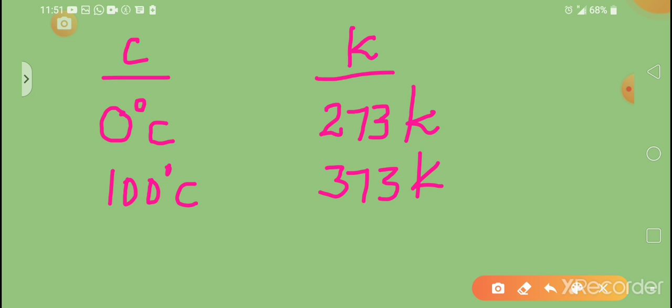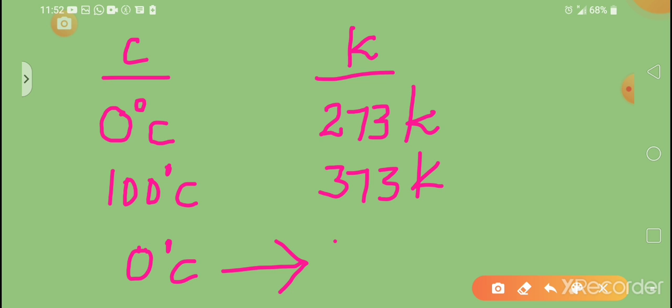Okay, so if we get one temperature on Celsius scale, how we can convert the temperature into Kelvin scale? Do you have any idea? So let us check that. If we get the temperature on the Celsius scale, that is 0 degree Celsius, we need to write this one into Kelvin scale. How we can do this?